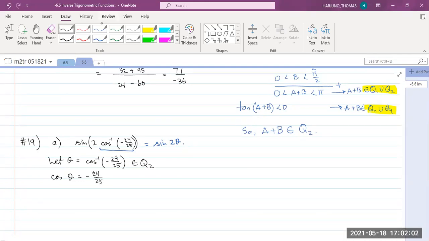Now let's see first what we need. Sine 2 theta is 2 sine theta cosine theta. We already have the cosine theta. We need sine theta. Get the reference angle so that we can draw the right triangle.